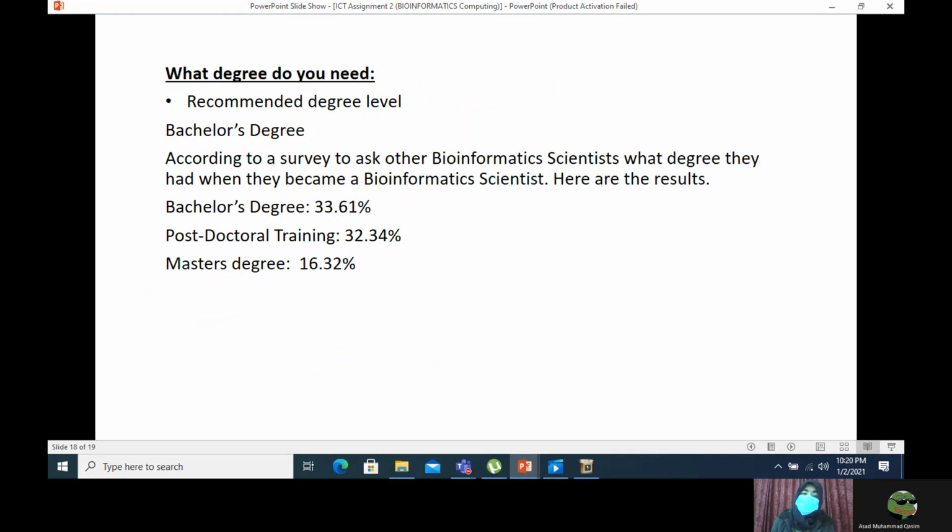Now, what is the recommended level of degree to enter this field? It should be bachelor's level, because you can do master's, PhD, postdoc, and so on in different courses related to this field after getting into it.